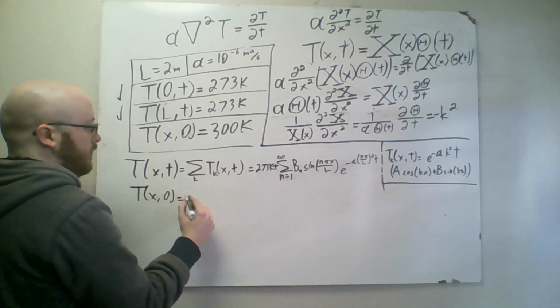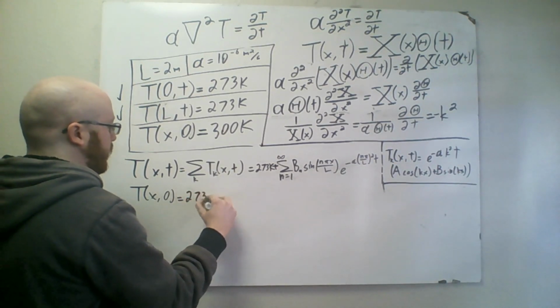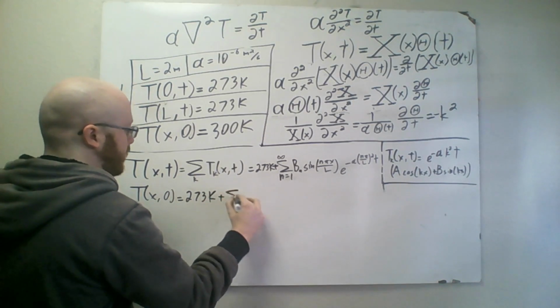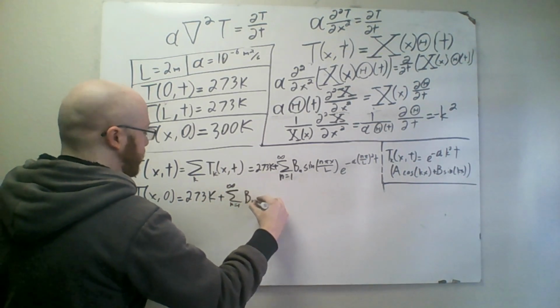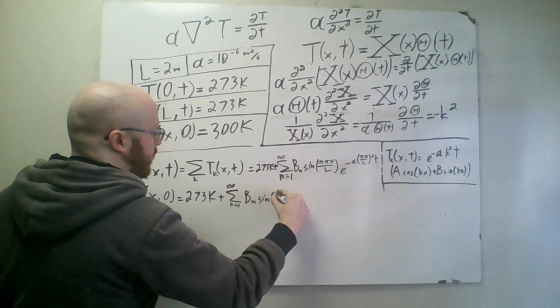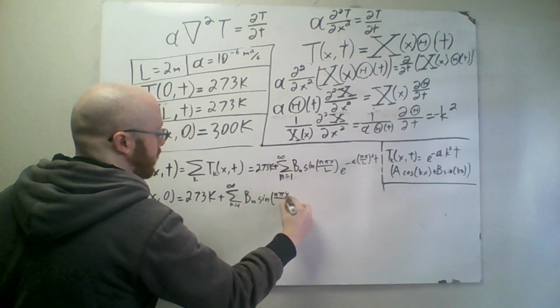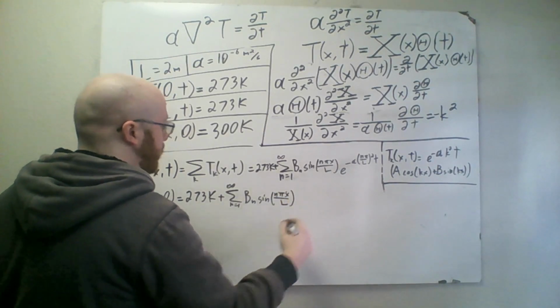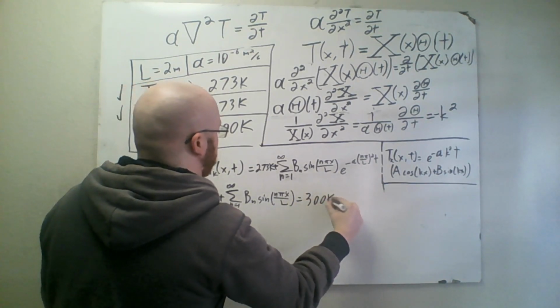Tx0 equals 273 Kelvin plus sum of n equals 1 B n sine n pi x over L. And this equals 300 Kelvin.